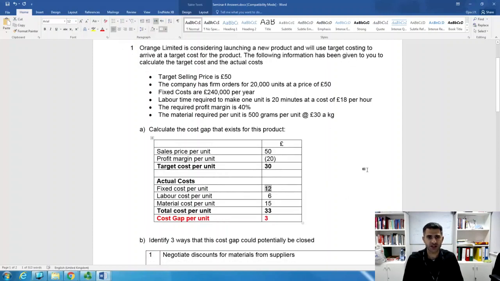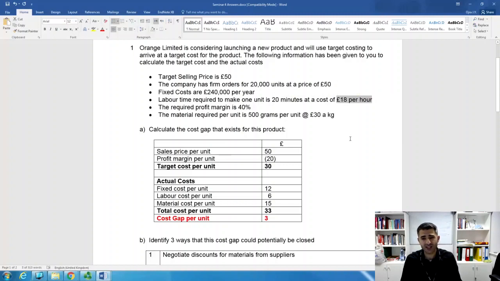That's fixed cost. For labor, each unit takes 20 minutes, and we pay £18 per hour.